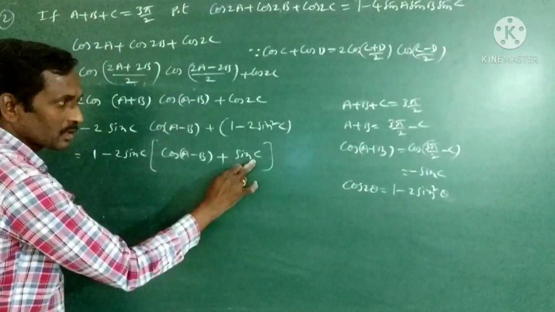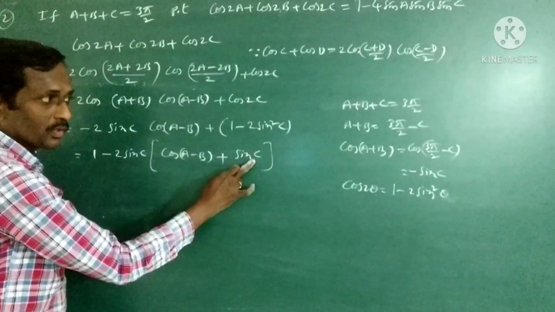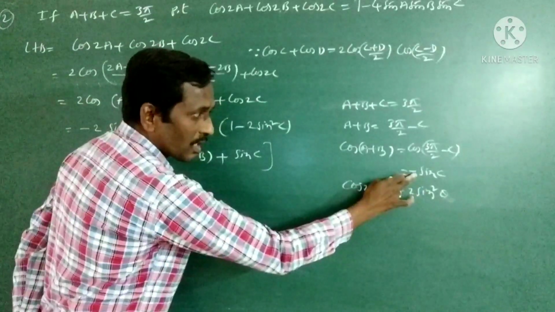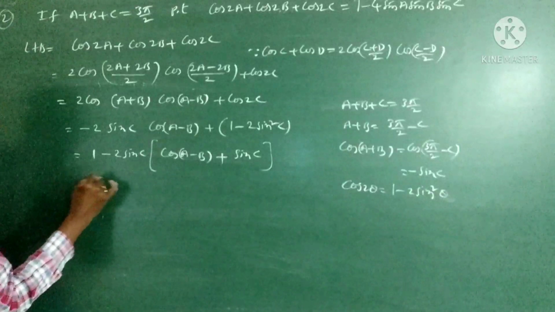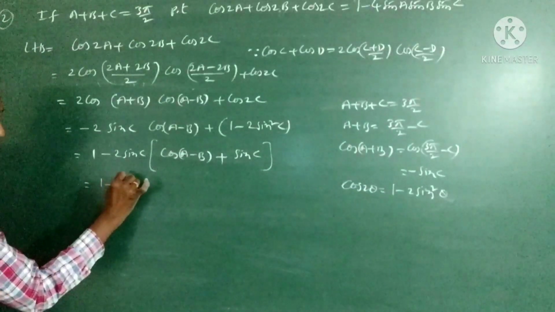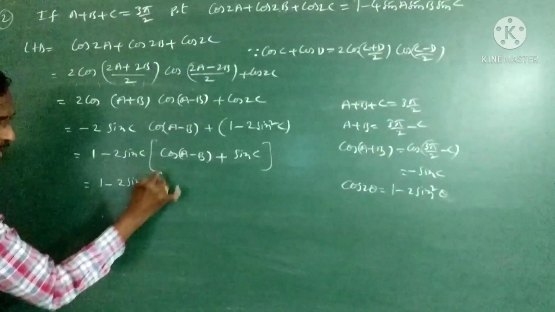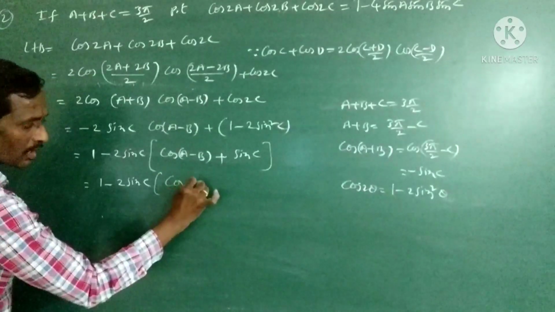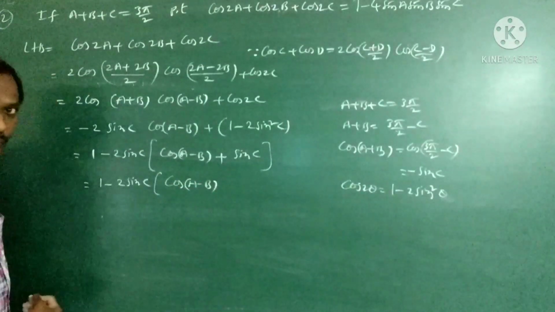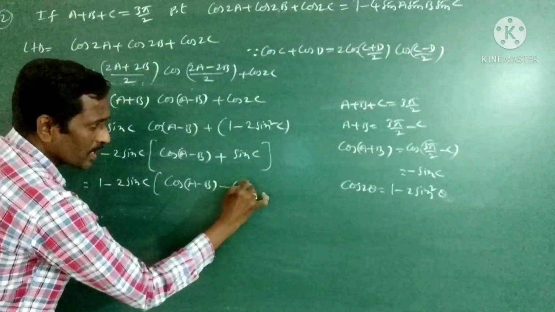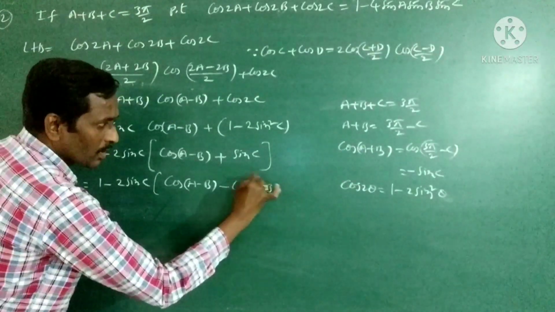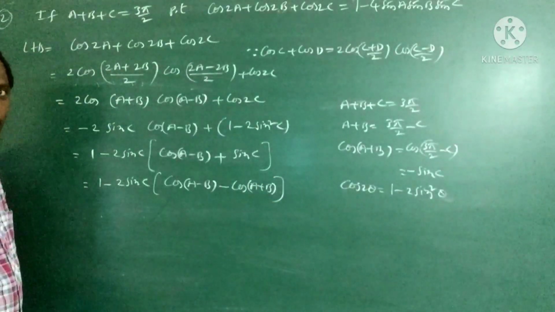Now write the sin c value again. We already have sin c is minus of cos a plus b. So write the value in place: 1 minus 2 sin c of cos function of a minus b, and sin c becomes minus cos of a plus b. Now step 4 is over.